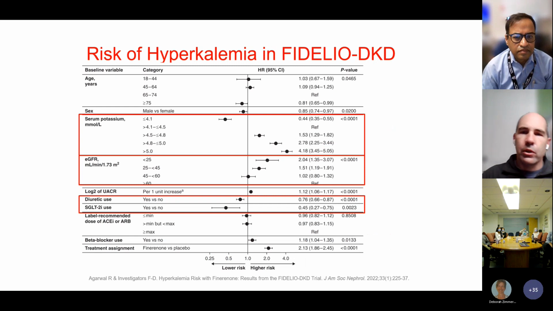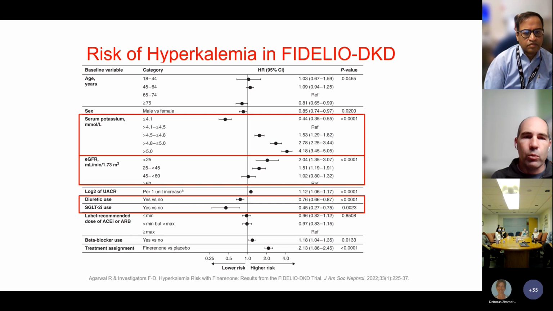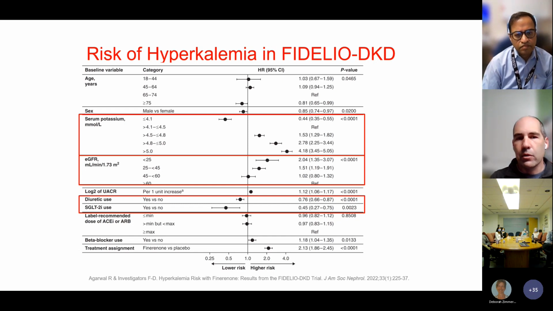And they looked at predictors of what causes the hyperkalemia, and it's things that you would normally think would predict it. So the lower your starting potassium, and they use 4.1 to 4.5 as the comparator, if it's greater than 4.5 or 5, you have an increased risk of significant hyperkalemia.